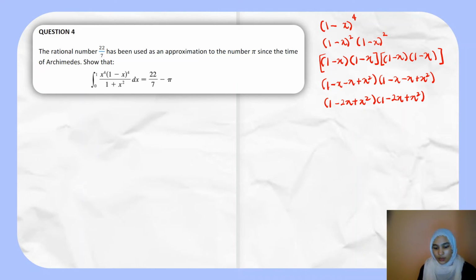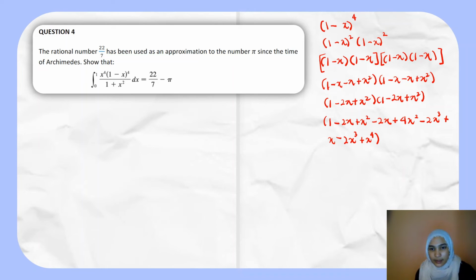Expand again, you will get 1 minus 2x plus x squared minus 2x plus 4x squared minus 2x cubed plus x squared minus 2x cubed plus x to the power of 4.